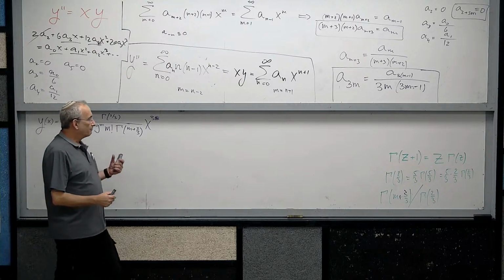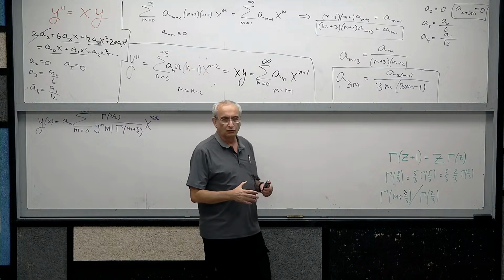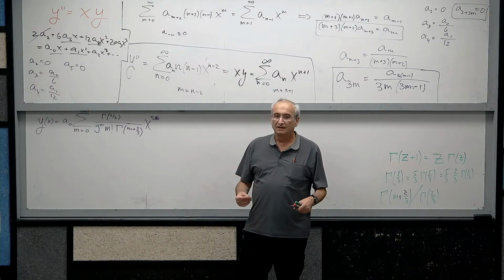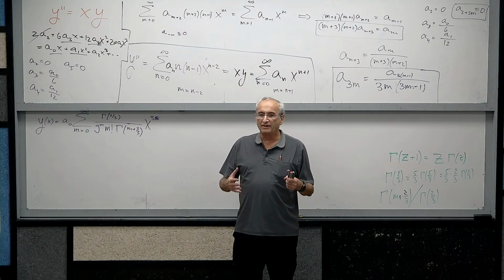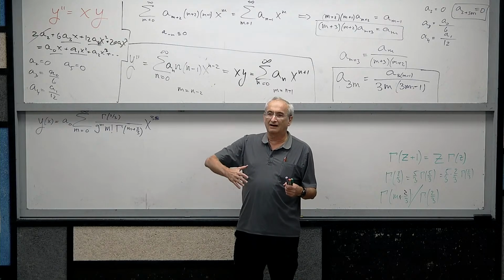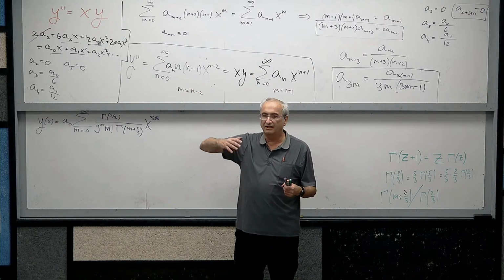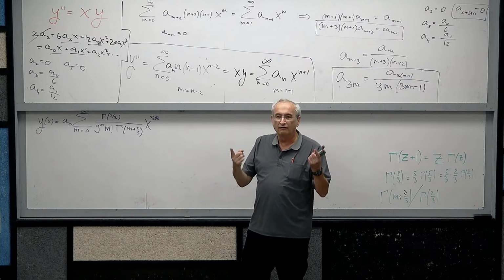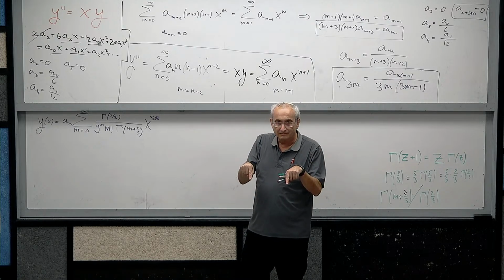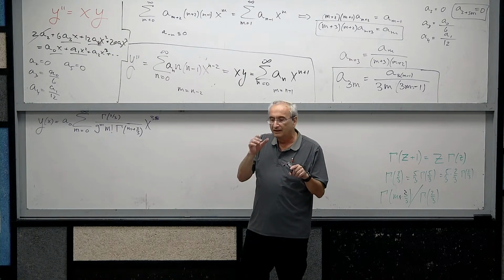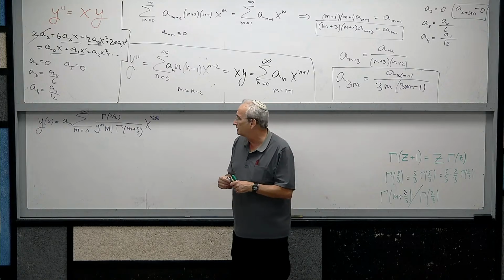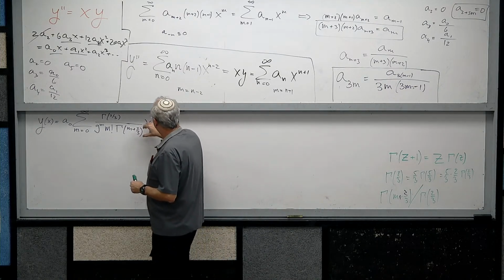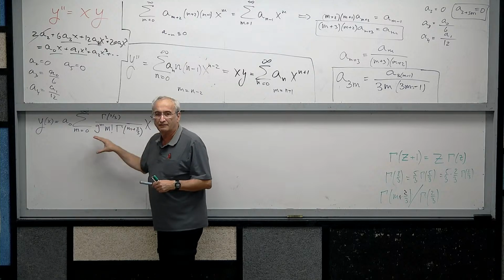So the simplest way to check for convergence is to see whether the terms are growing or shrinking as m goes to infinity for fixed x. I'm taking x to be fixed, whatever number you like, and I check whether the terms go to 0 as m goes to infinity.